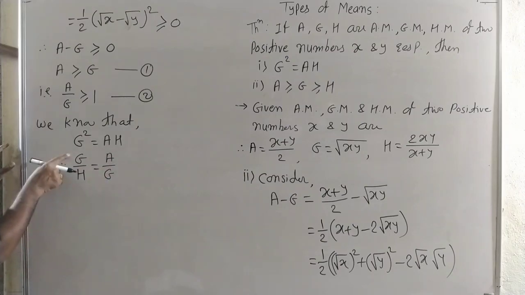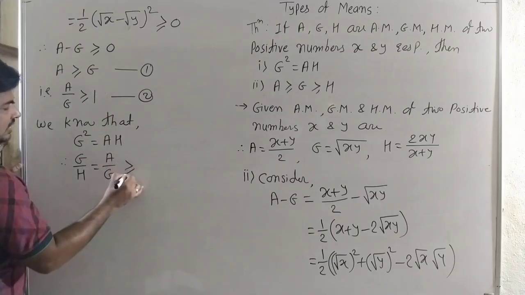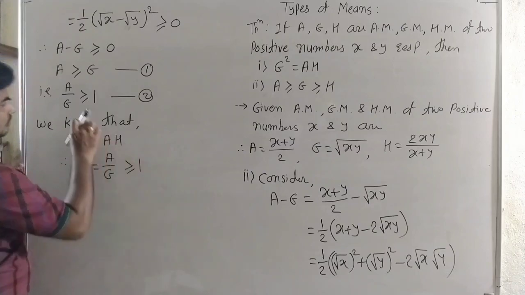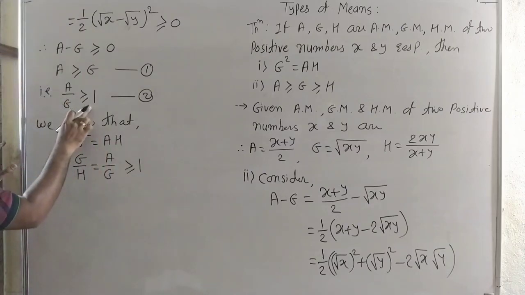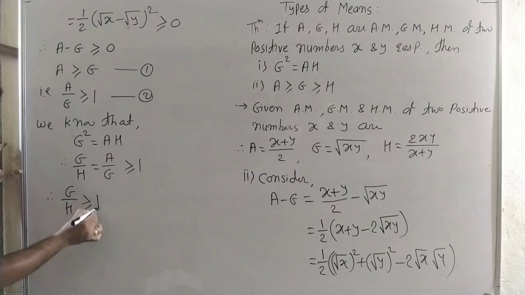That means when we take cross multiplication, it is g square and it is ah. And here by 2, this is greater or equal to 1. a by g greater or equal to 1, and therefore g by h is also greater or equal to 1.